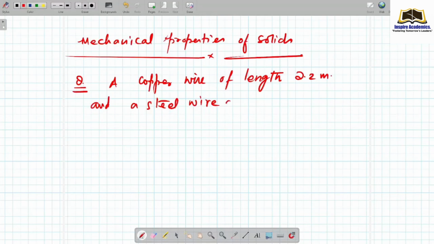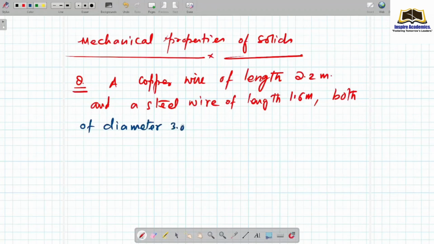A steel wire of length 1.6 meter, both of diameter 3.0 mm, are connected end to end.